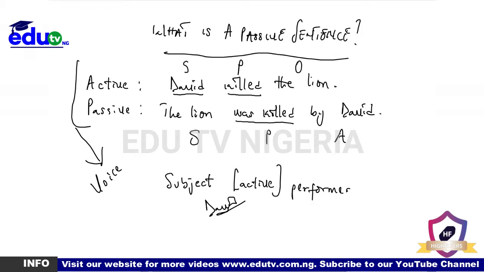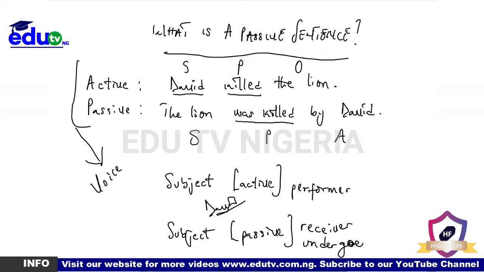But then for a passive sentence, the subject is usually the receiver, or the undergoer of the action. Now what does that mean? Now look at this passive sentence that we have here.